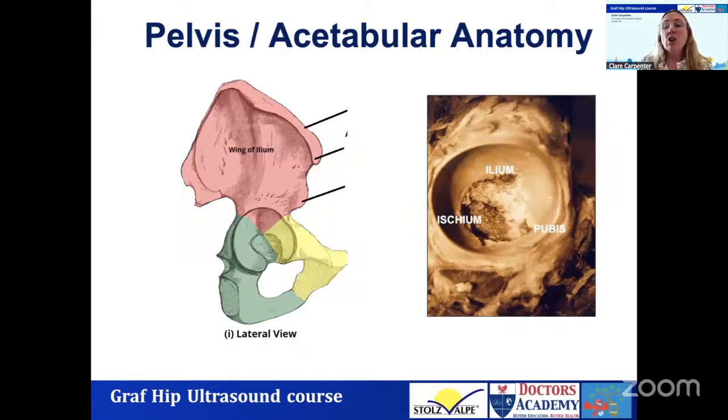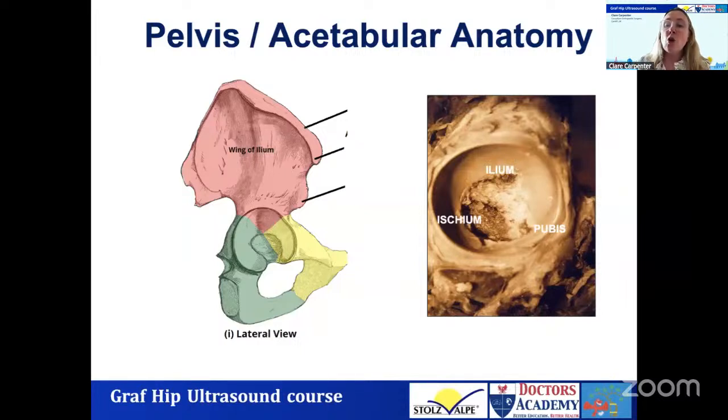When we look at an ultrasound, we take slices of the child's hip, which includes the femoral head and the pelvis, almost in this orientation. It's good to remind yourself that when you're looking at the Y-shaped triradiate cartilage, you have the bony ilium above, your pubis anteriorly, and your ischium posteriorly.